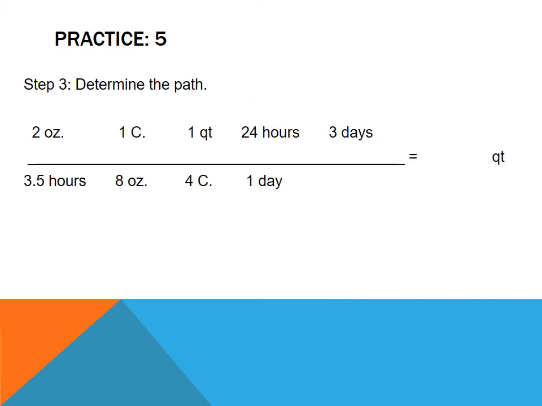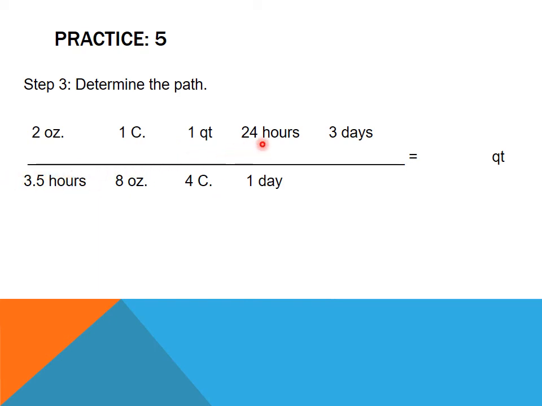Step 3. Determine the path. Add your conversion factors. You have ounces here, so you'll need ounces below. You know that 8 ounces make 1 cup. You have cups here, you need cups below. There are 4 cups in 1 quart. Okay, quart is what you want. You have hours over here, 3.5 hours.